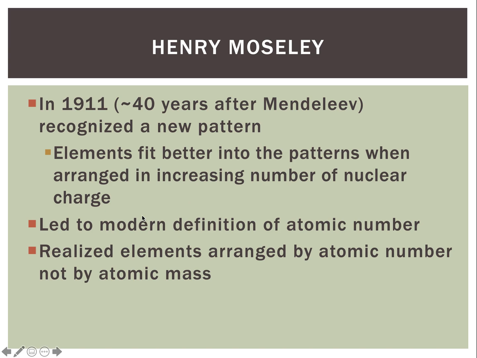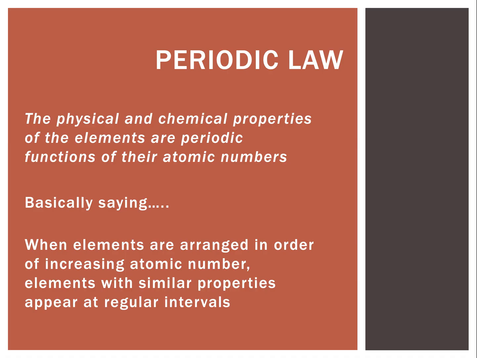So this whole theory of putting elements in order of increasing nuclear charge led to the modern definition of atomic number. And we realized that elements arranged by atomic number and not atomic mass put them into groups by similar properties just a little bit better.